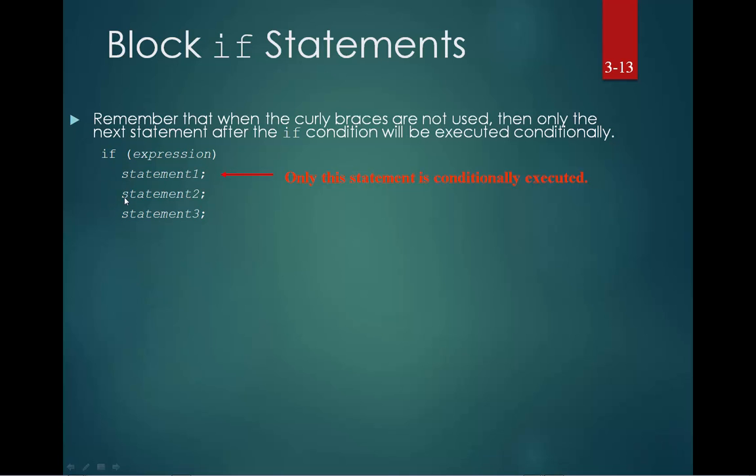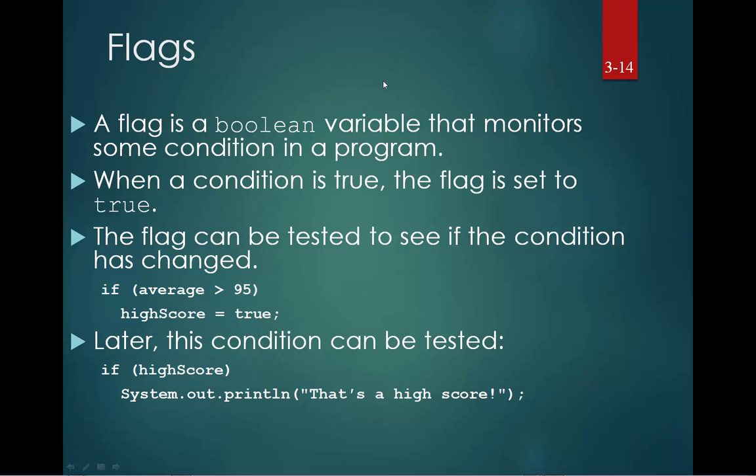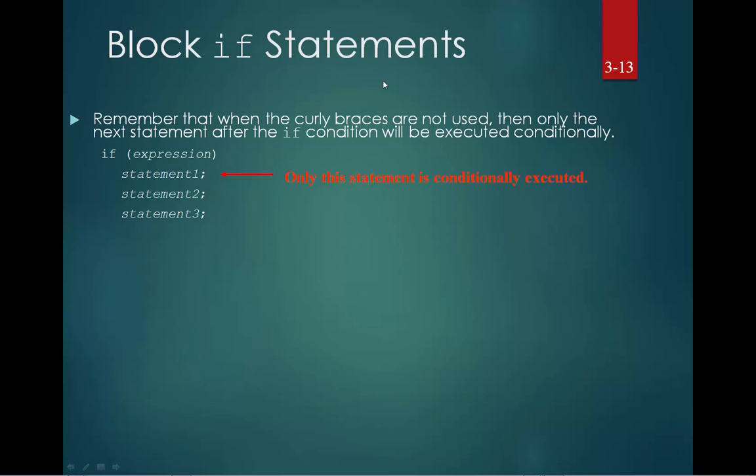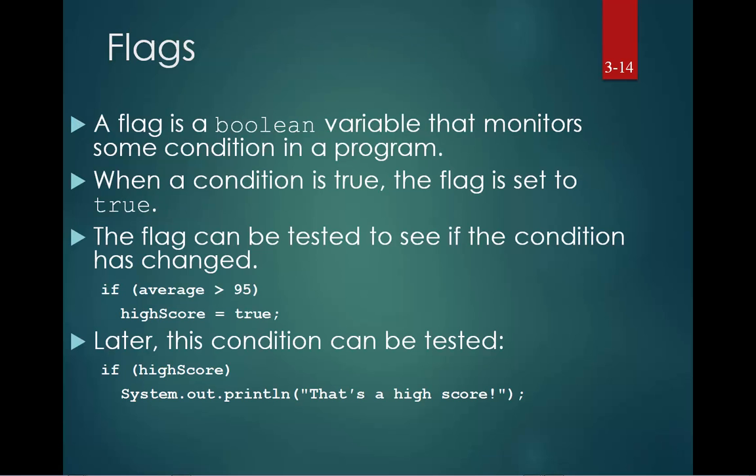You'd have to put them in curly braces. But since they're not in curly braces, the if only pertains to this first statement. So to be formatted correctly, these statements should actually be over to the left because they aren't part of the if statement. That is an example of how code can be formatted in a very misleading way. But the compiler doesn't care. The compiler is going to ignore that formatting.